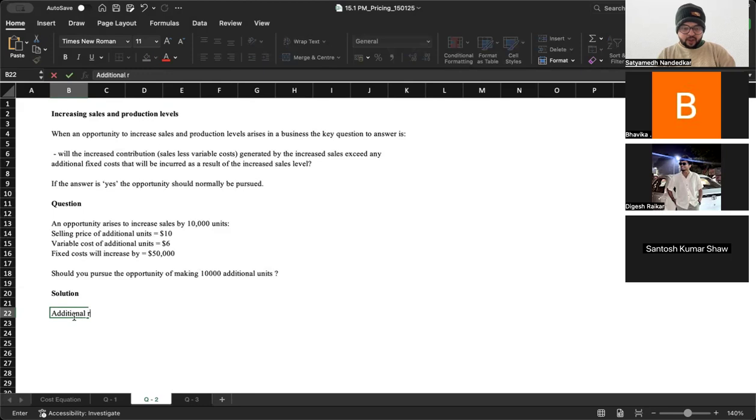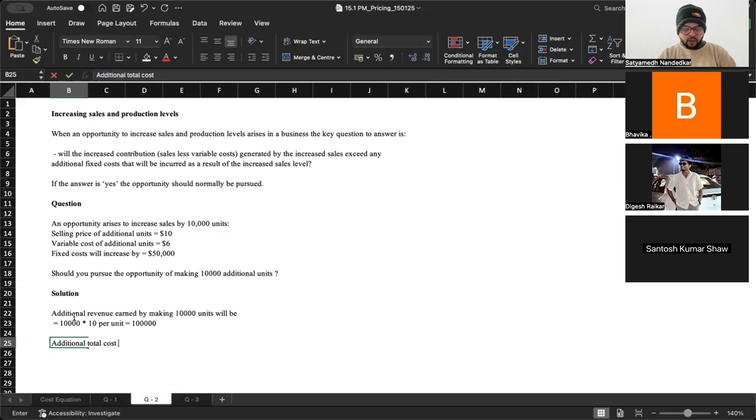ठीक है, additional revenue earned by making 10,000 units will be 10,000 into 10 per unit. That is 1 lakh. ठीक है, and additional total cost incurred for making 10,000 units will be fixed cost.